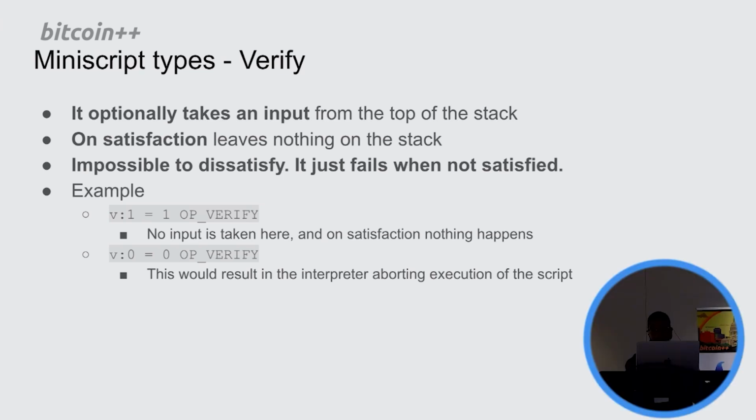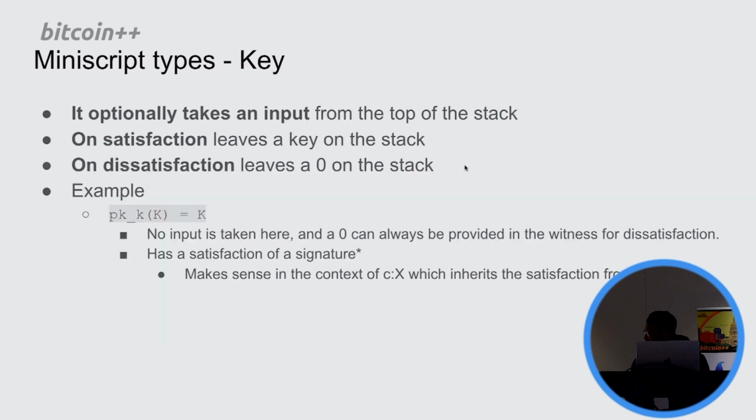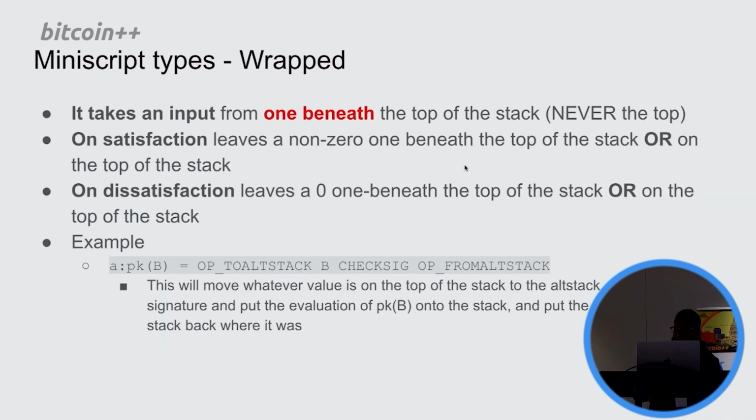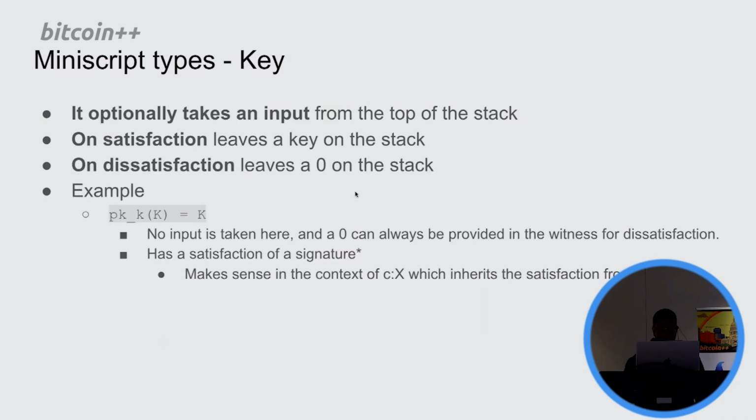And finally, we have key. Okay, yeah, that was wrapped. And then key. Key optionally takes an input from the top of the stack, and on satisfaction, it leaves a key on the stack, and on dissatisfaction, it leaves a 0 on the stack.